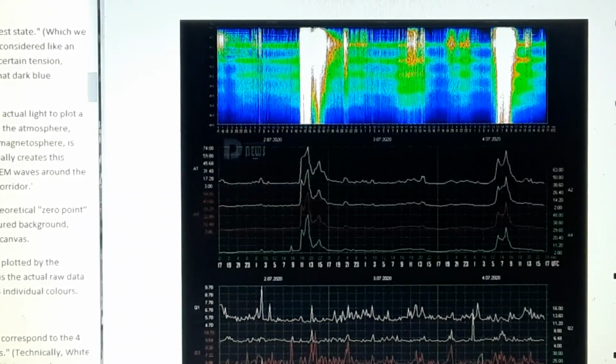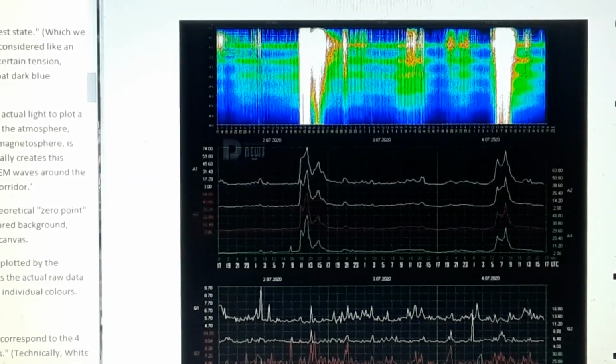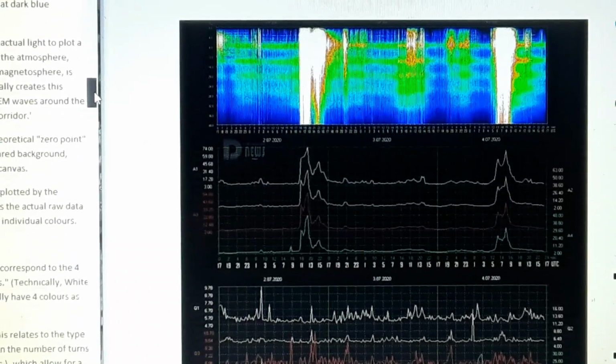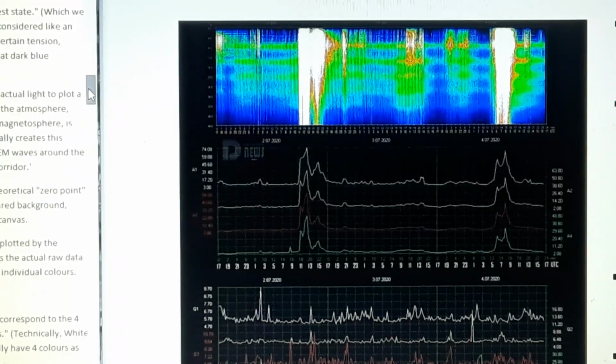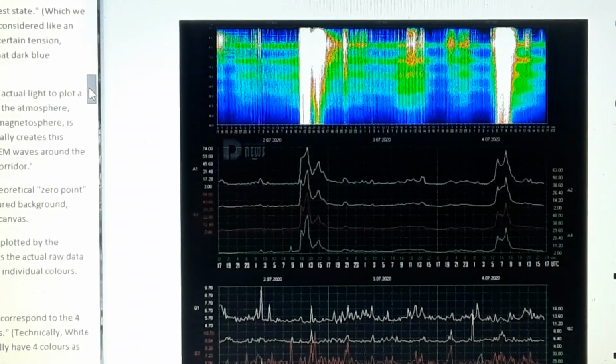It's a theoretical 0 point, which starts as a navy dark blue, and then it goes to the various, it's our at-rest point. So the atmosphere is under a certain tension, and it acts like an elastic, and it creates a balance point that way.